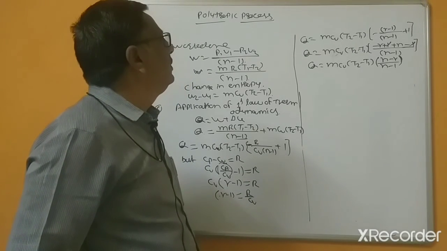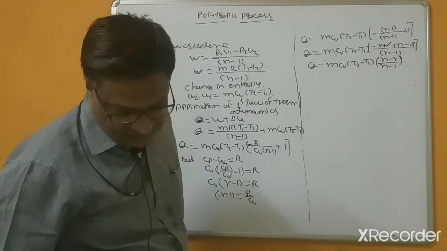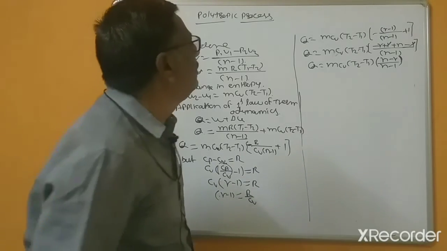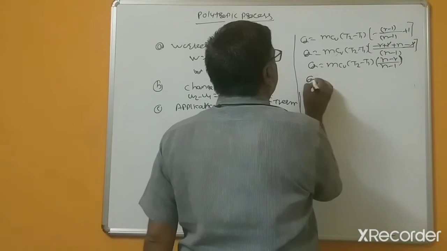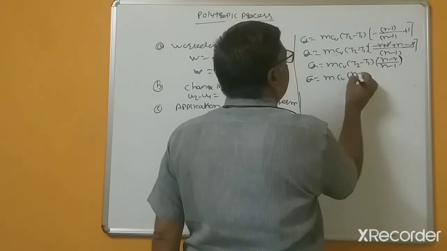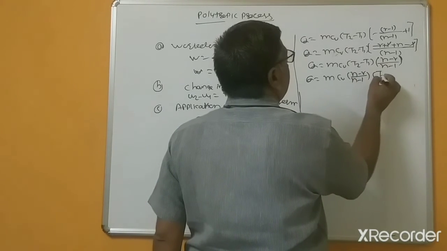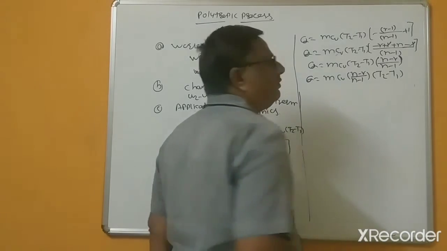This is clear? Now same you can write, this is Cv times (n minus gamma) divided by (n minus 1) equal to... T2 minus T1.